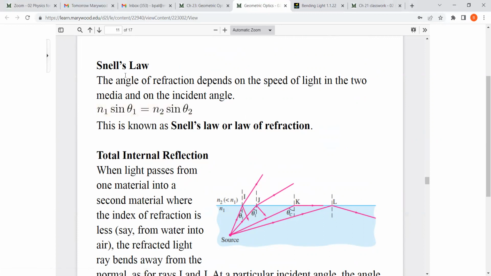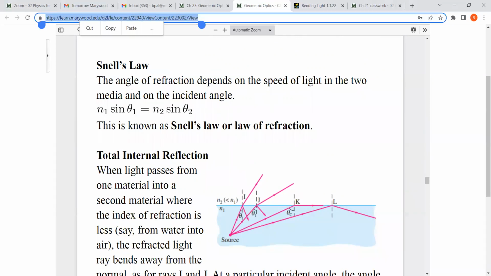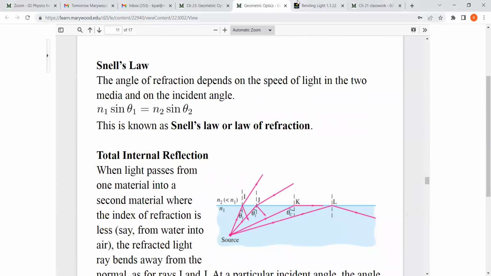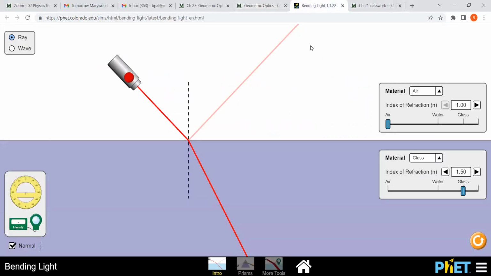Now, what is n1, what is theta 1, what is n2, and what is theta 2? To understand these, let's go to the simulation again. Here you see that light is going from air to water.